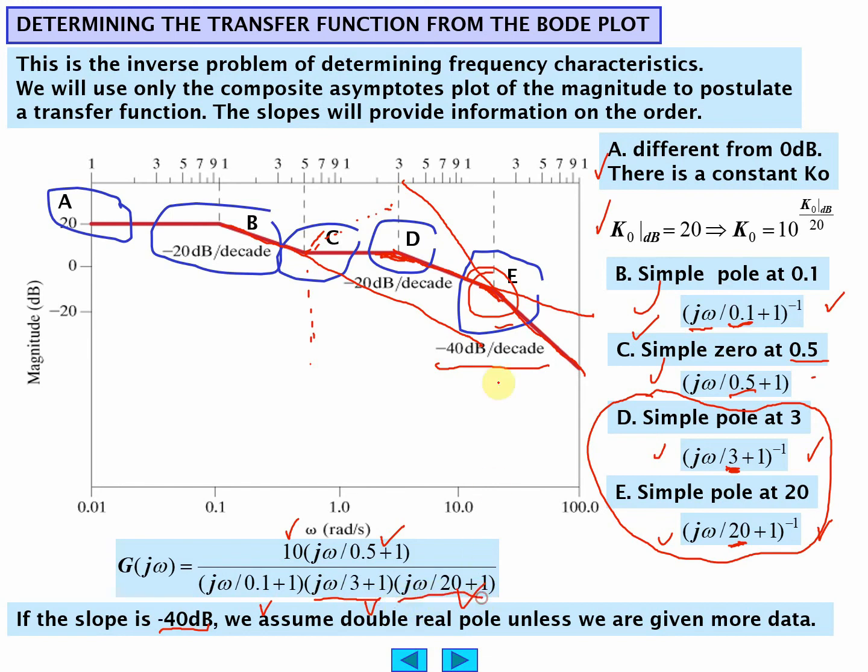If all of a sudden you were coming along and you dropped at 40 decibels per decade, that would be a double pole. So you'd have a J omega over what frequency do we want? I put it at 3 radians per second.